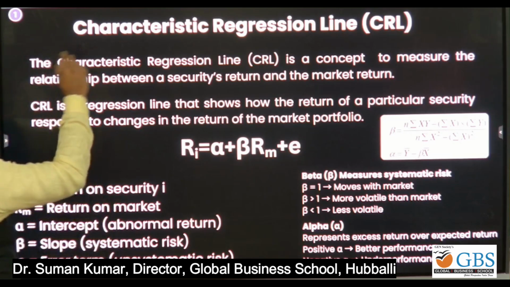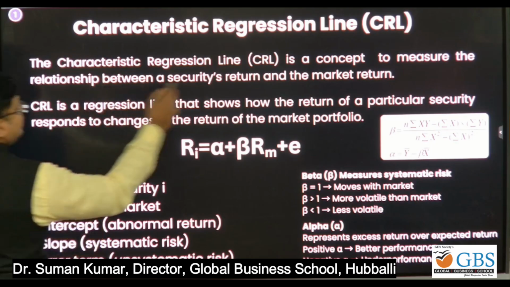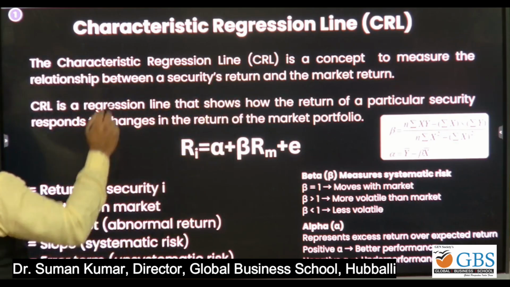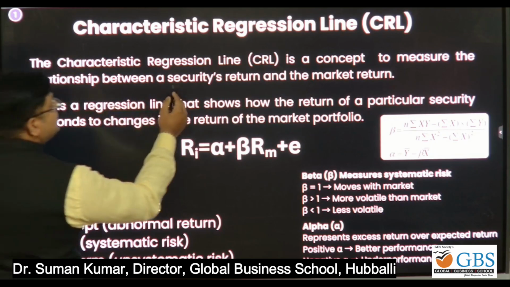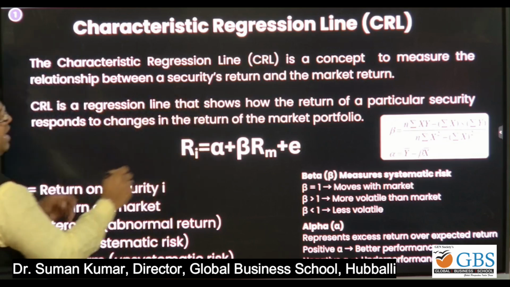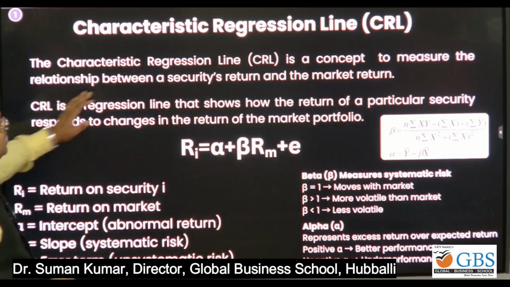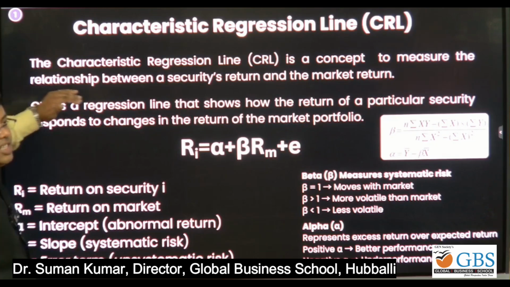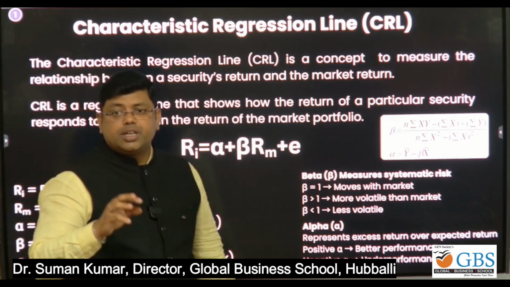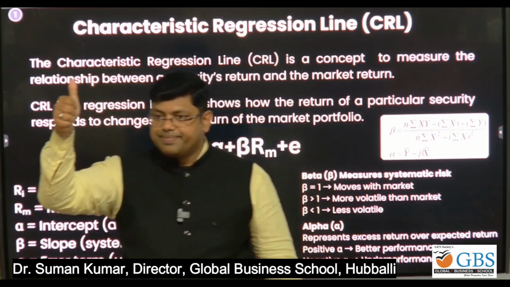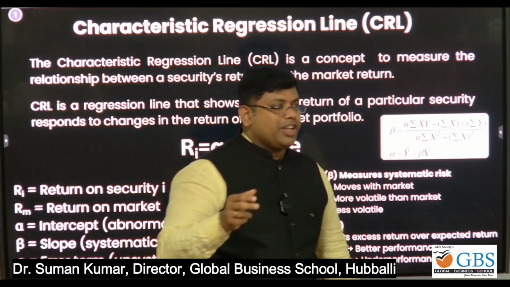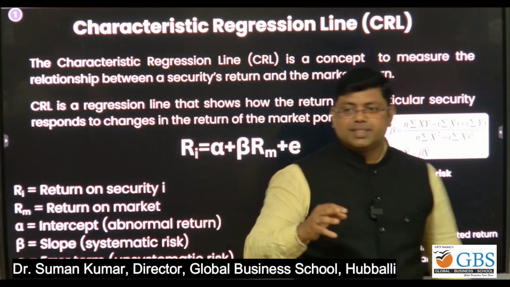This characteristic regression line, that is CRL, is a concept to measure the relationship between the security of one company and the market return. So we understood the concepts called correlation and also regression. We're going to use correlation and regression in this.